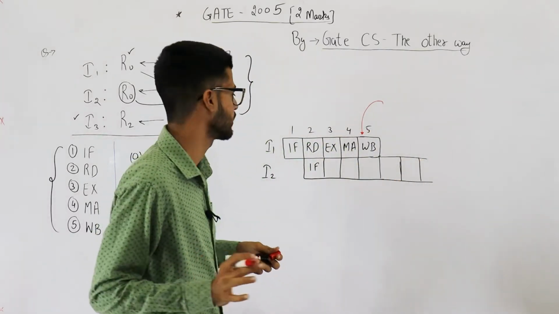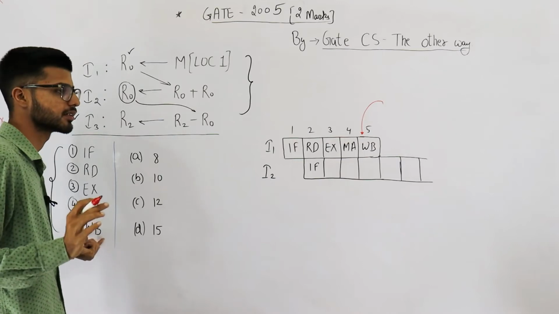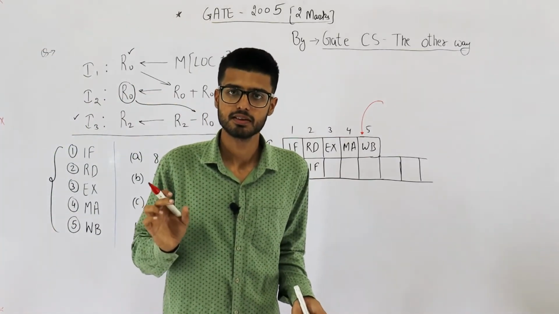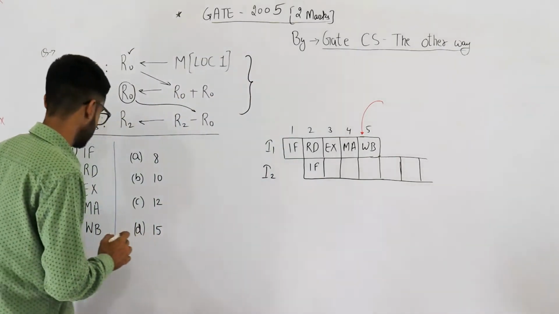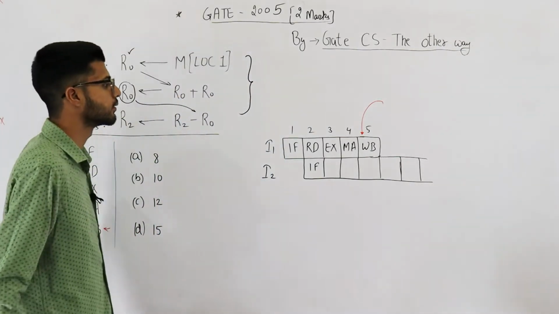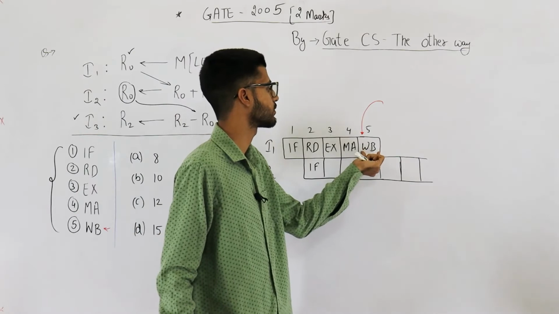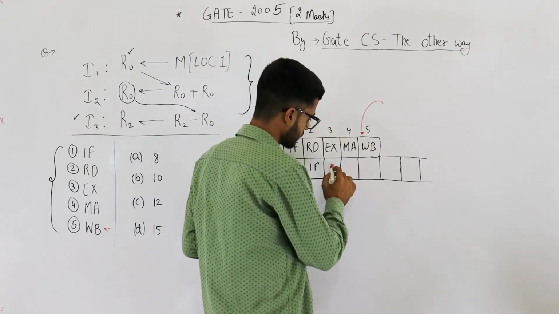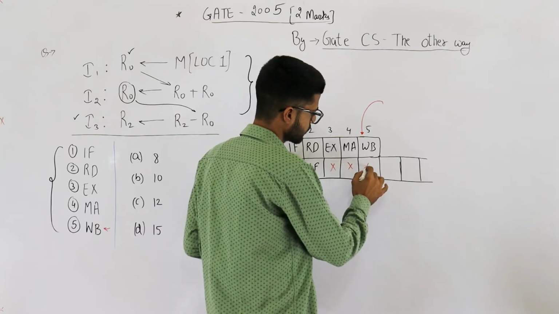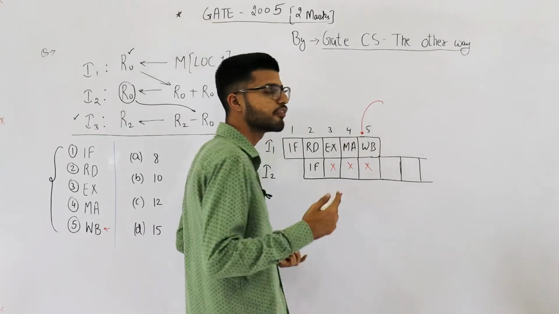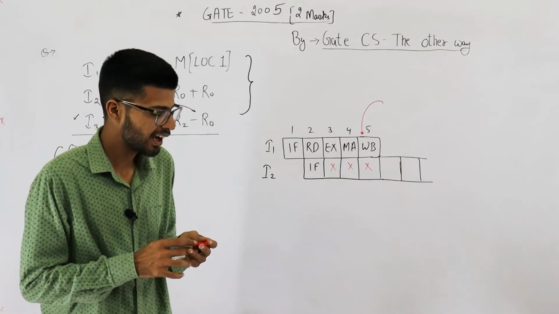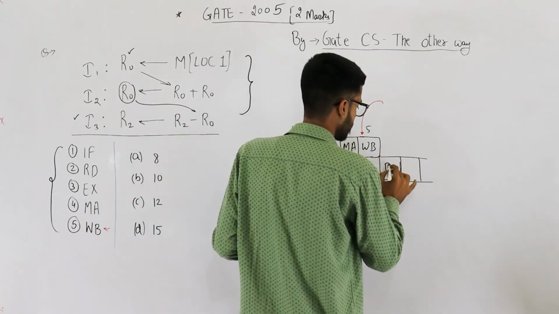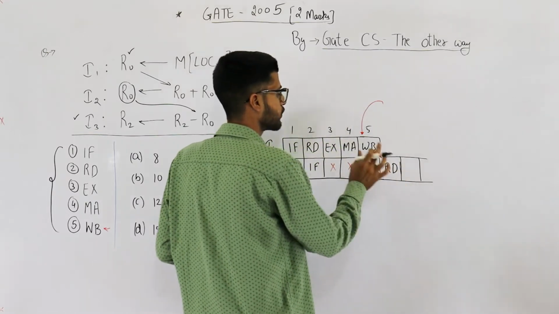Because it's mentioned in the question, WB means register write back. Whenever you need to update some value in a register, it will be done in this phase. That means R0's value will be updated here. So we cannot use this or this clock cycle for reading R0. That means RD must be performed after this stage. So RD must be performed here.